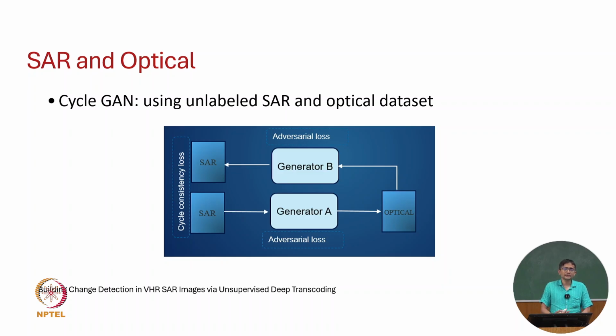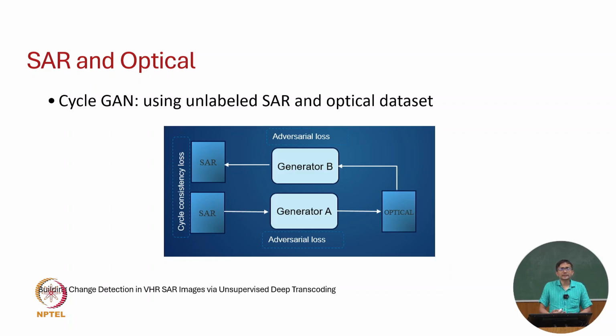SAR to optical conversion using CycleGAN. So, given a SAR image, the generator A, as you would have guessed, is a generator for conversion from SAR to optical image, right? And the generator B is the generator for conversion from optical to SAR image.